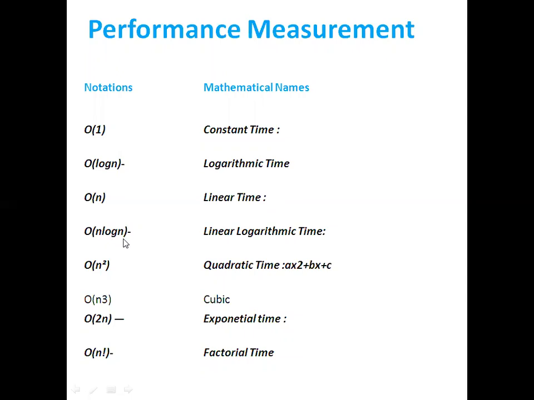Order of n log n is linear logarithmic time, a combination of both linear and logarithmic. Order of n square is quadratic time. Order of n cube is cubic time. Order of 2 raised to n is exponential time. And n factorial is factorial time.